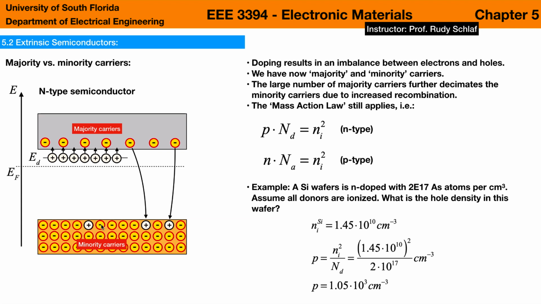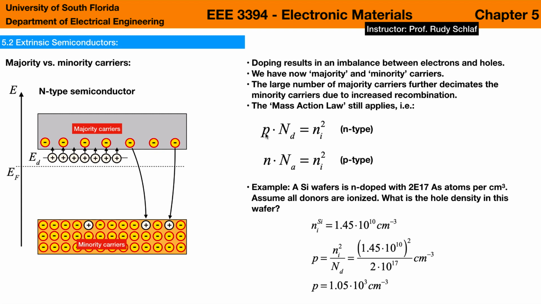Now the number of holes here originally would still be the same as in an intrinsic material, because the dopants here only affect the density of electrons in the conduction band. But because we have so many electrons up here now, the increased recombination reduces the number of holes dramatically in the valence band. And we can calculate this because the mass action law still applies.